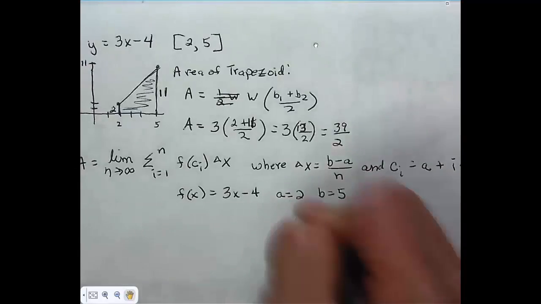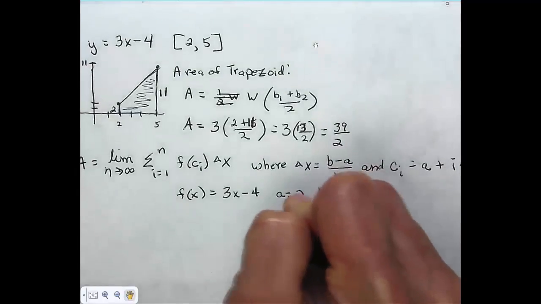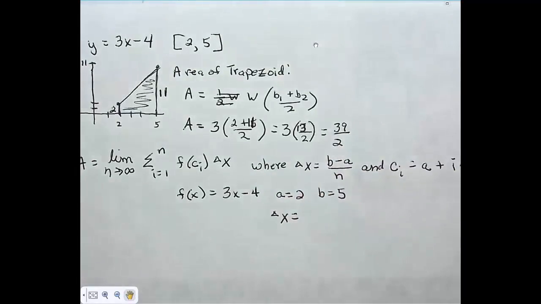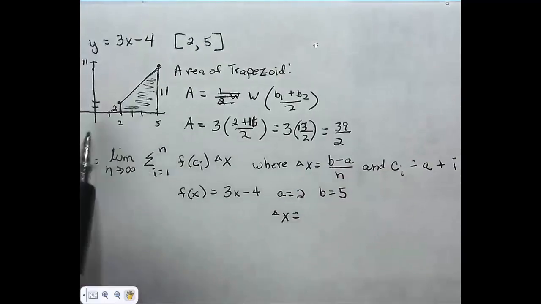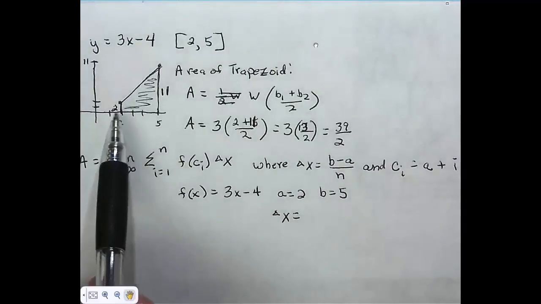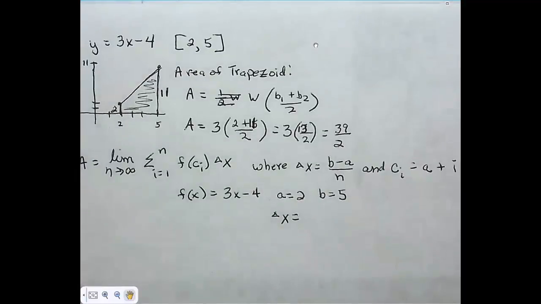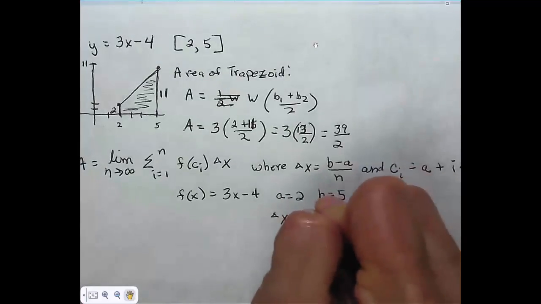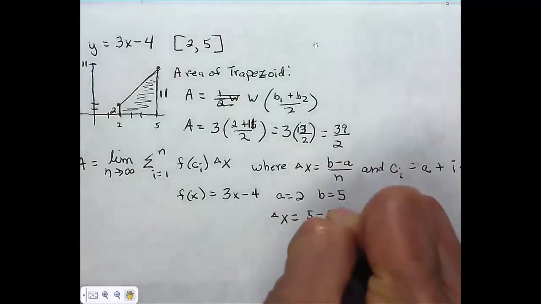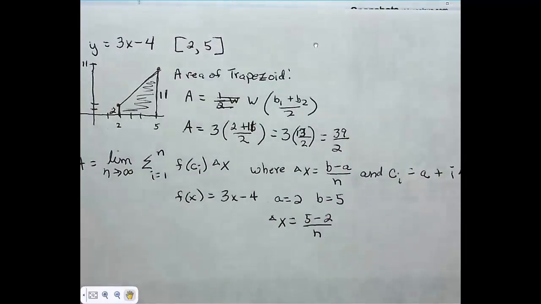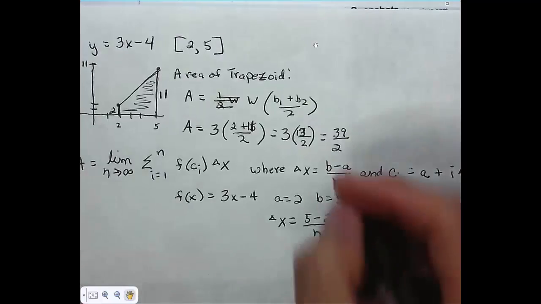So what's the width of each rectangle if I inscribe infinitely many rectangles on the interval from 2 to 5? What is the width of each rectangle? 5 minus 2 over n. I don't know what n is. I'm going to find the limit as n goes to infinity.